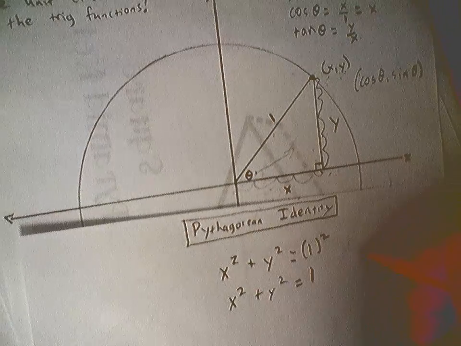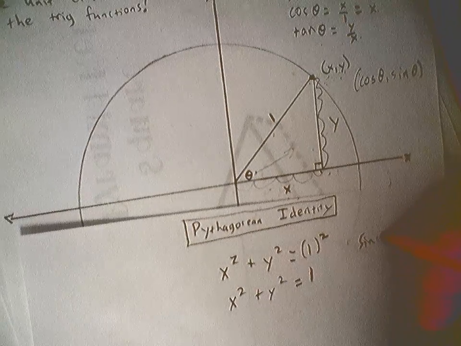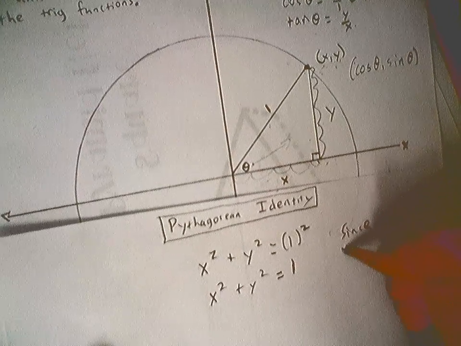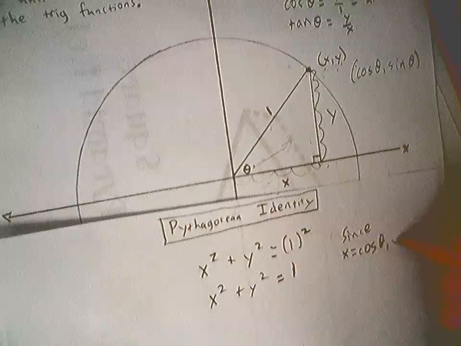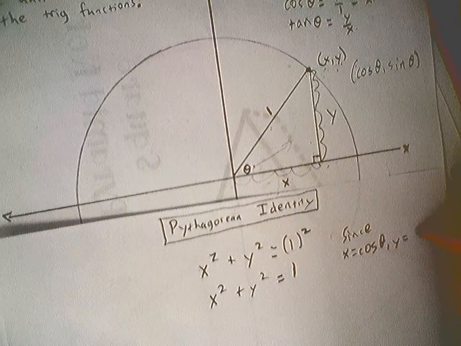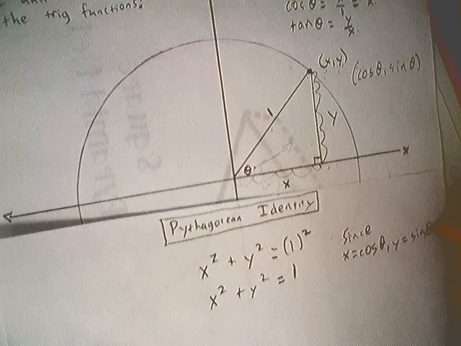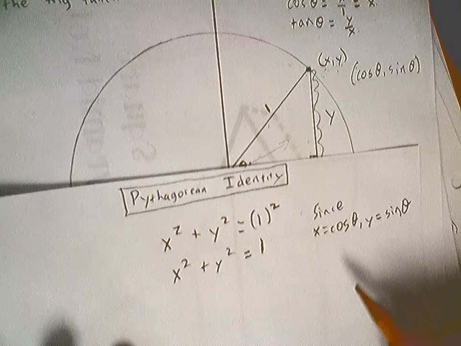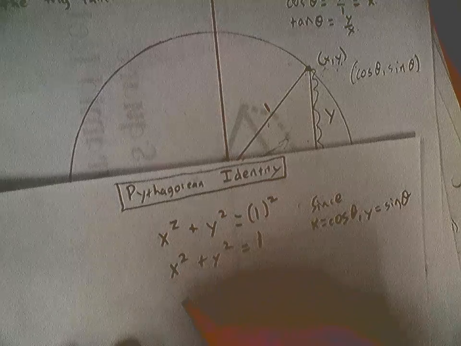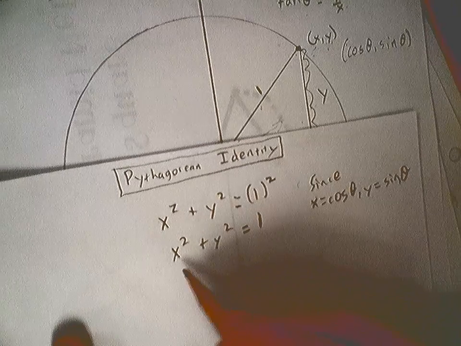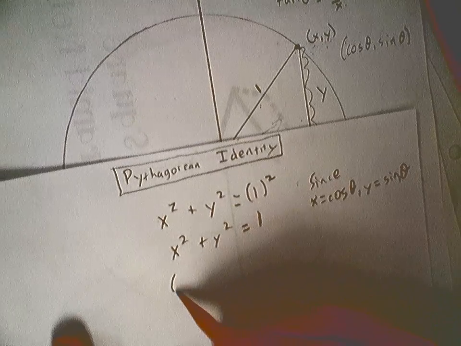Since x is the value of cosine theta and y is actually the value of sine theta, I'm going to make a substitution here. These are the same things, so I'm allowed to substitute for them.